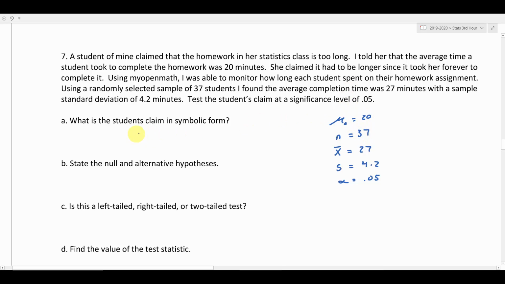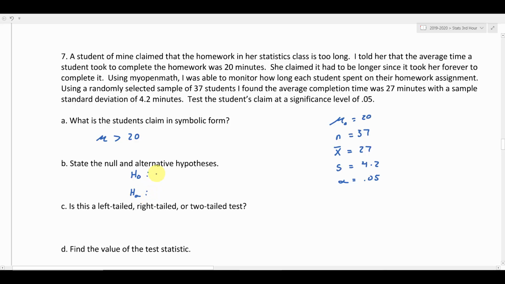All right, so the student's claim, right? So remember, her claim was actually up here in this sentence. She claimed it had to be longer than 20 minutes since it took her forever. So her claim is that the mean amount of time to complete the homework is greater than 20. So when I write my null and my alternate hypothesis, okay, here we go, I'm going to set this up. The assumption usually goes in the null hypothesis, and we try and put the claim in the alternate hypothesis.